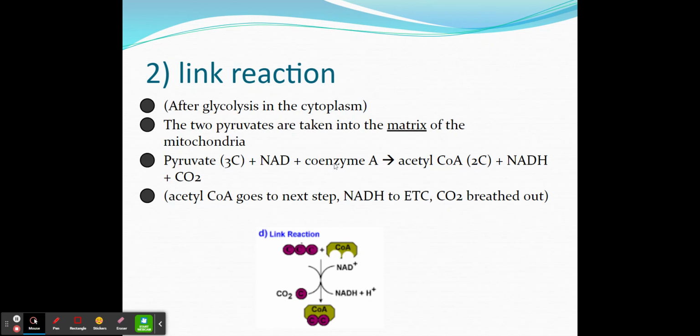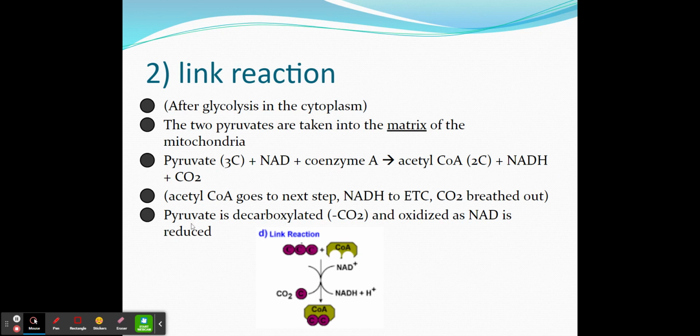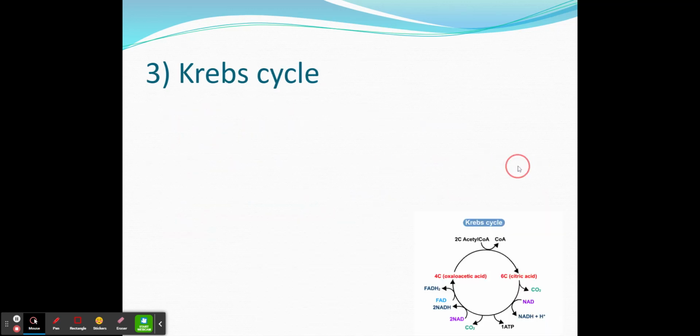And the CO2 is going to be breathed out. Okay, so overall, some vocab words here. Pyruvate is decarboxylated as it loses this CO2. It's also going to be oxidized because we need to reduce the NAD, right? You can't have a reduction without an oxidation and vice versa. So we're oxidizing the pyruvate so that we can reduce the NAD into NADH.